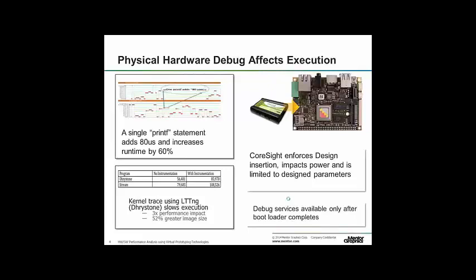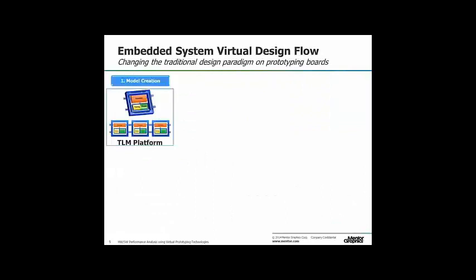So to help us resolve some of these issues, we can start thinking about using a virtual prototyping flow to change this kind of design flow and to enhance what we can do. If we move to this, it's quite usual to have a hardware group that's responsible for creating the models to assemble into a TLM platform.